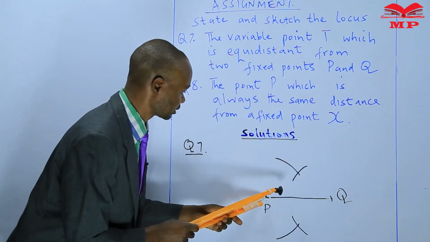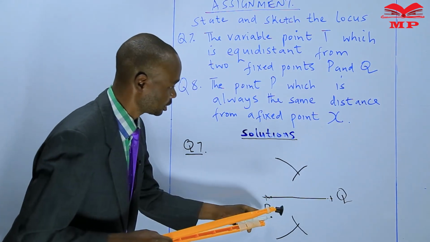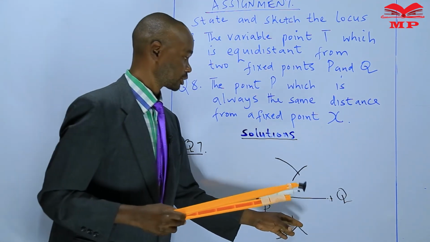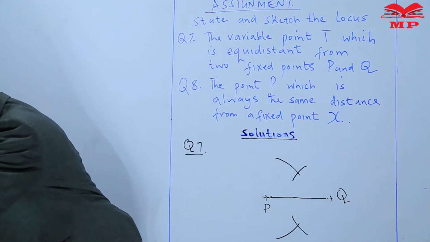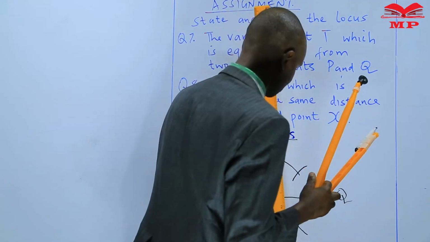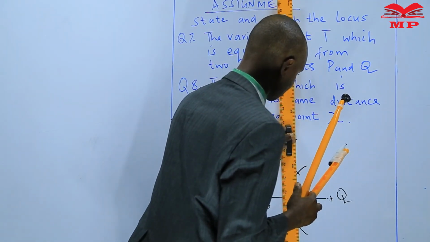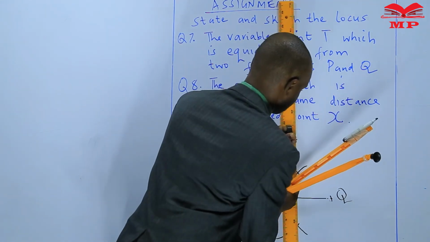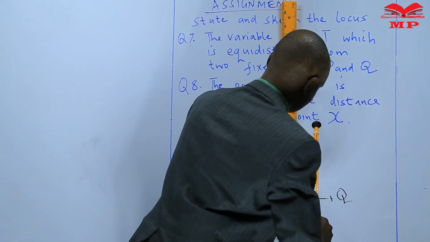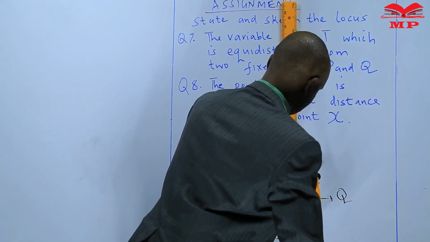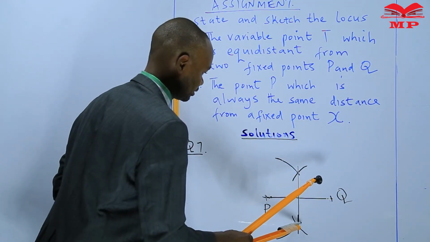You realize this was rubbed a bit, so that was just the point P and Q. The two intersections I'll join using a ruler, a straight edge. So I move my ruler there and draw my line.